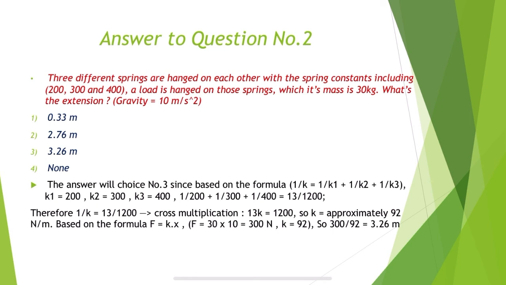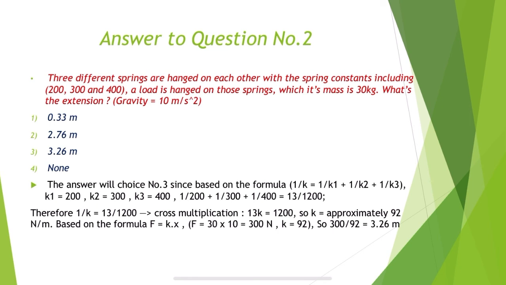So 1 over 200 plus 1 over 300 plus 1 over 400. After determining the denominator, the answer will be 13 over 1200.